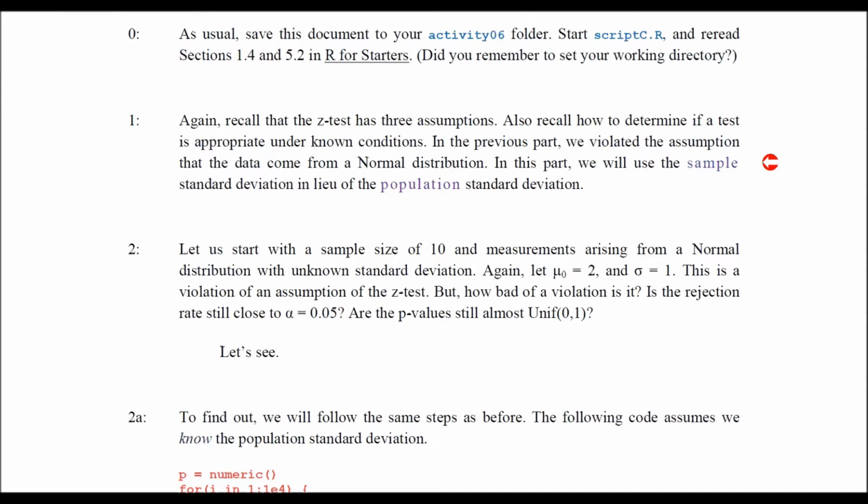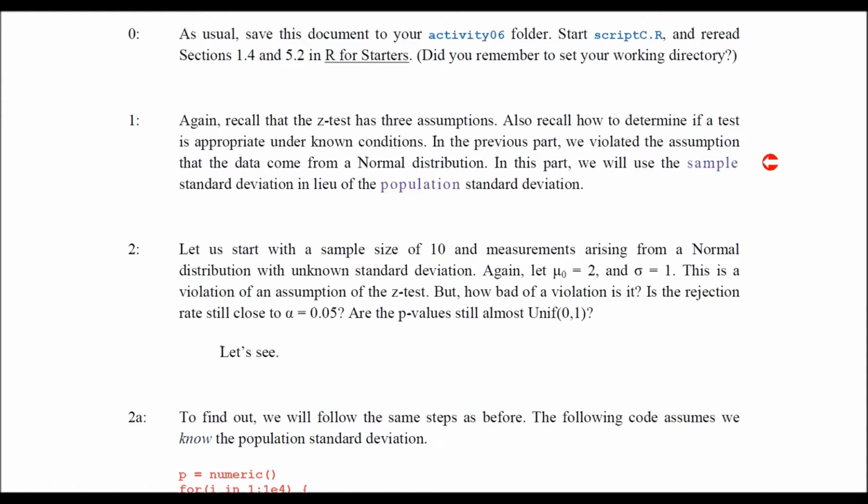If the sample size is 5, the z-test is wholly inappropriate. The rejection rate's smaller than alpha. The Kolmogorov-Smirnov test tells us that the p-values are not uniformly distributed. But when the sample size was 50, the rejection rate was really close to alpha. I think it rounded to 0.05. And the Kolmogorov-Smirnov test had a p-value that was greater than alpha, so we failed to reject the null hypothesis of uniformity.